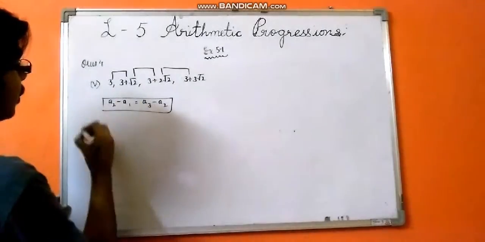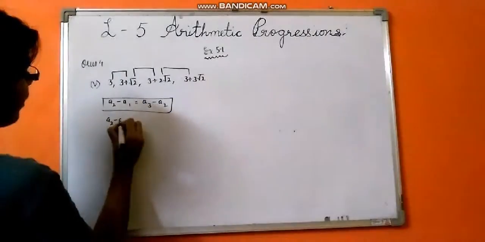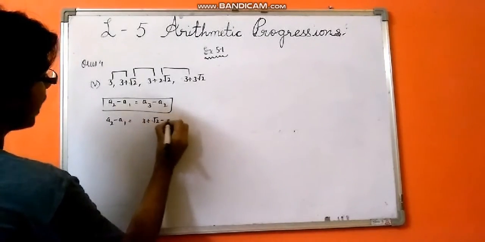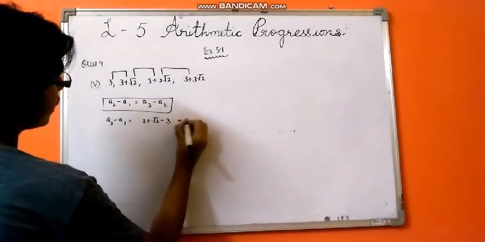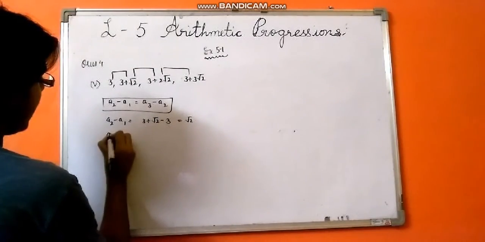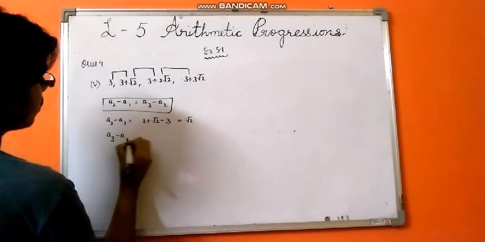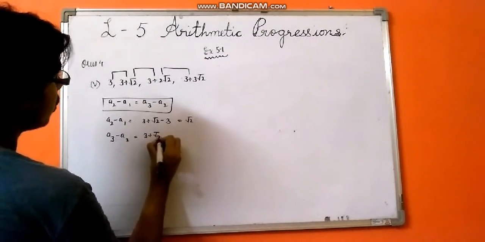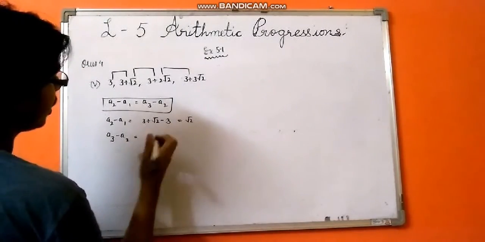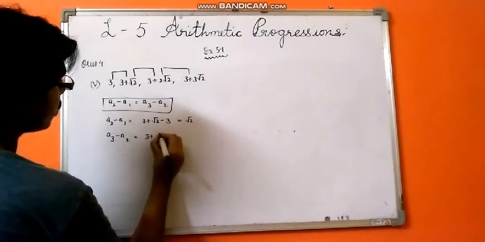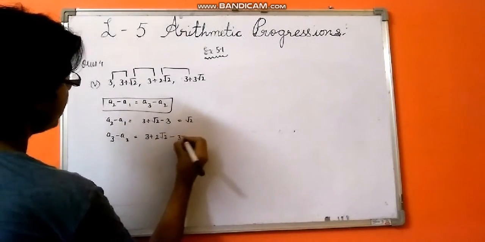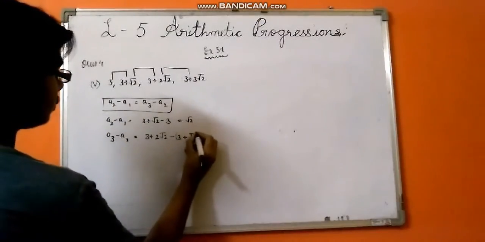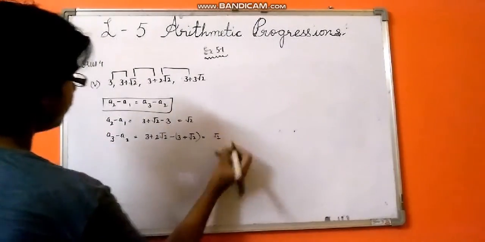First let us find A2 minus A1, which is equal to 3 plus root 2 minus 3, which is equal to root 2. A3 minus A2 is equal to 3 plus 2 root 2 minus 3 plus root 2, which again gives root 2.